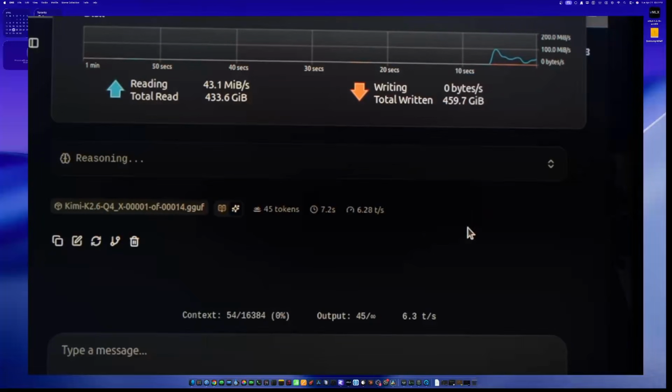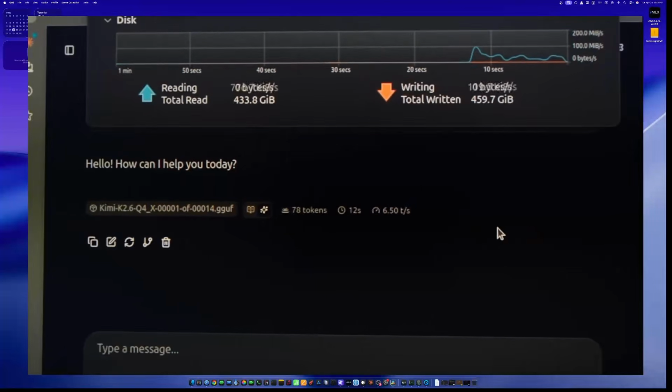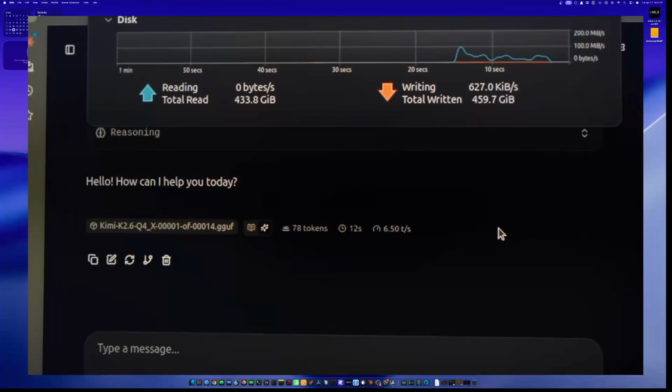We did have an initial spike to about 100. As you can see, we are running around 6.5 tokens a second. Now, this is a bit of a cheat because I did warm up the model, and the model did initially start at around 2.3 tokens a second.